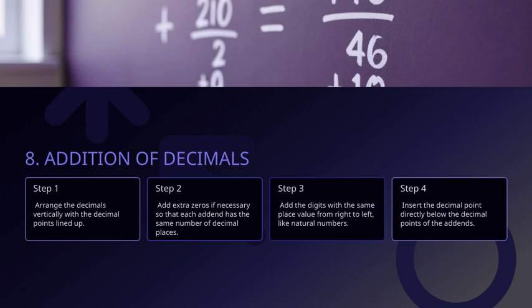Then, you simply add the digits starting from the rightmost side, just like with whole numbers, working your way to the left. Remember to carry over if needed. And finally, when you're done, place the decimal point directly below the other decimal points in your numbers. This step keeps everything neat and accurate. Keeping these points in mind helps us master decimal addition, which is essential for accuracy in real-world calculations.